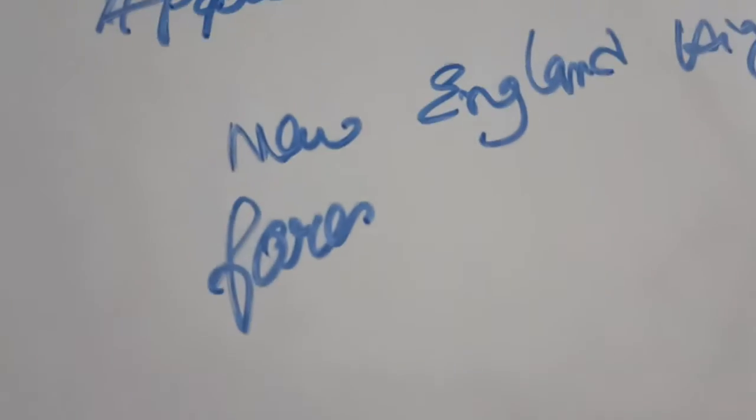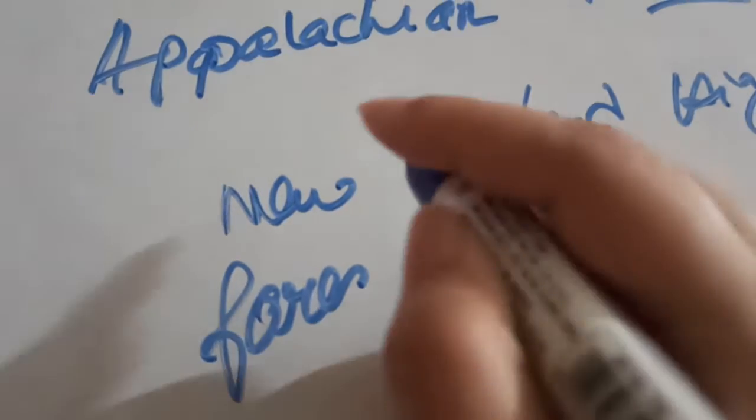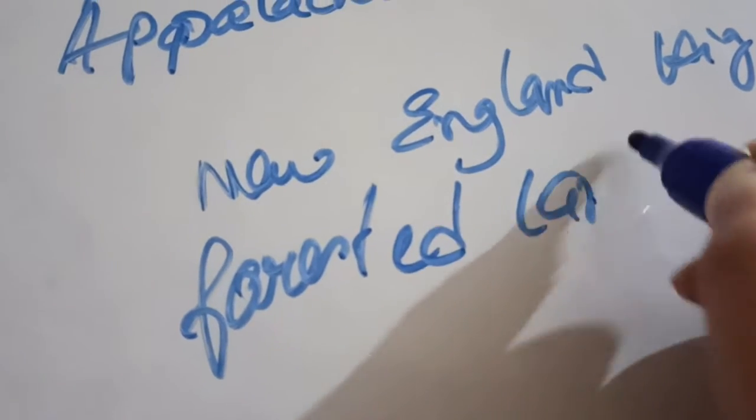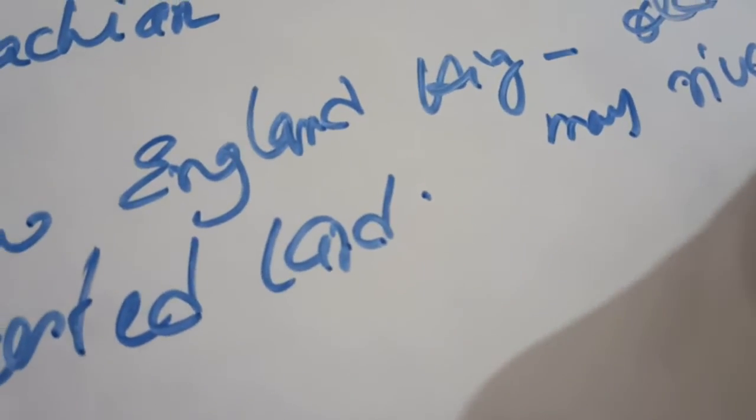And this Laurentian Plateau, along with another plateau, the New England High, are actually old forested land, which are being dissected by many river valleys.